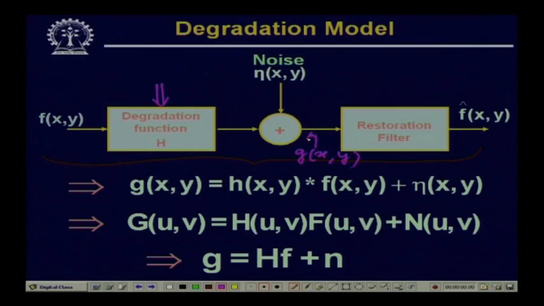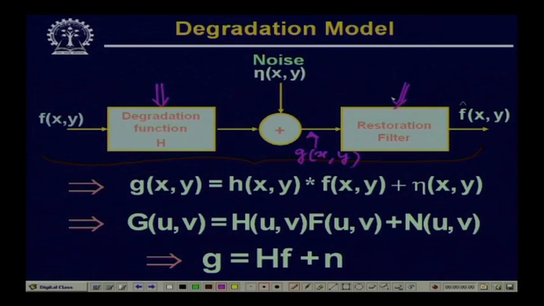This degraded image g(x, y) is normally what is available to us, and from this g(x, y), by using the knowledge of this degradation function h, we have to restore the original image. For that, we have to make use of a kind of restoration filters, and depending upon what kind of restoration filter we use, we have different types of restoration techniques.